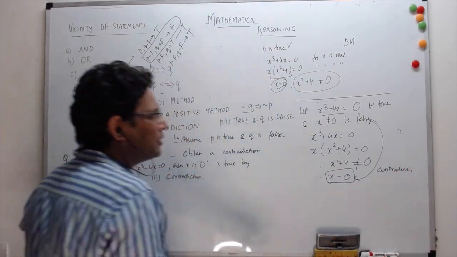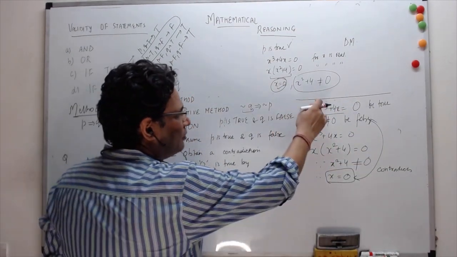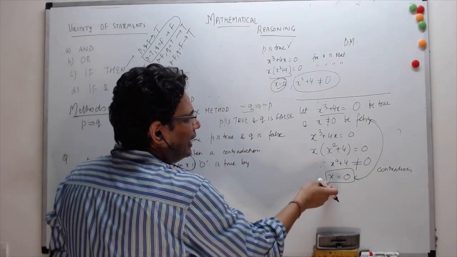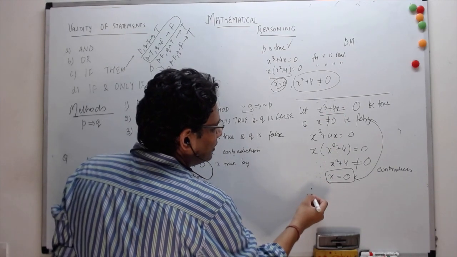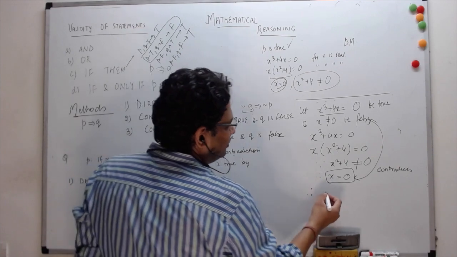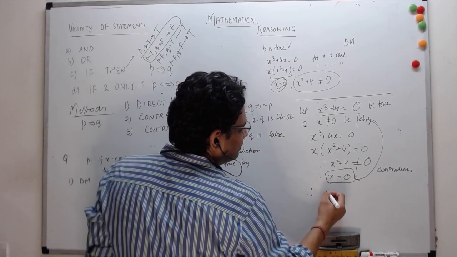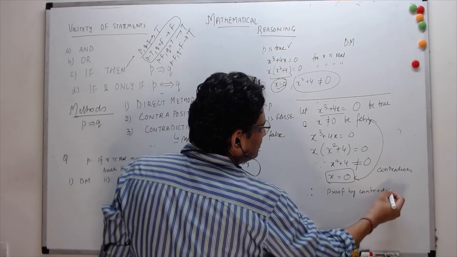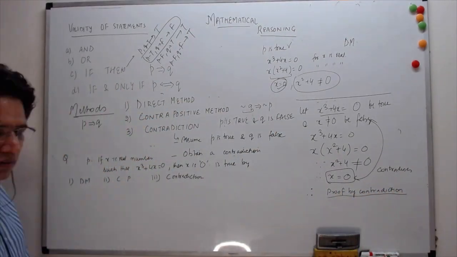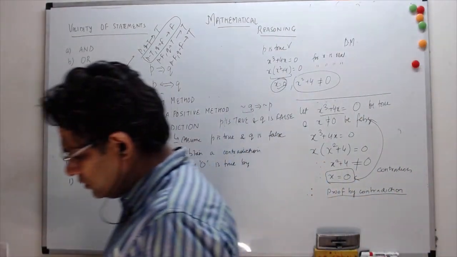So our assumption was that the first part is true and the second is false, and we found from the first that the second is actually being contradicted. Therefore we say that this is a proof by contradiction. Okay, correct. There are important questions around contradiction.